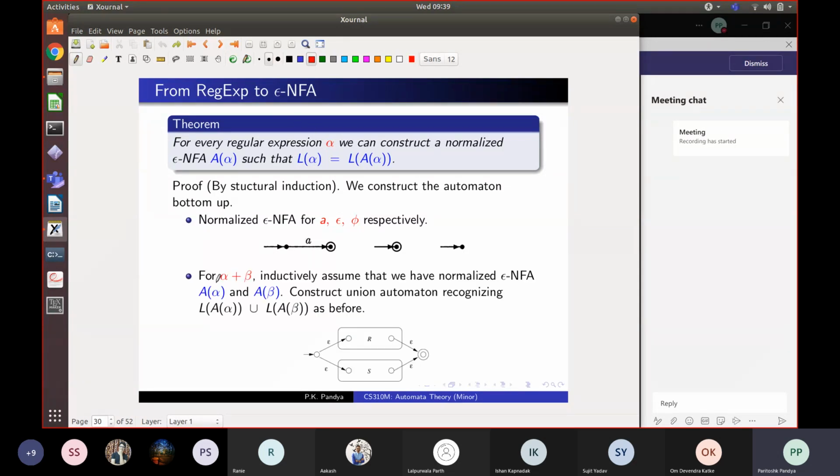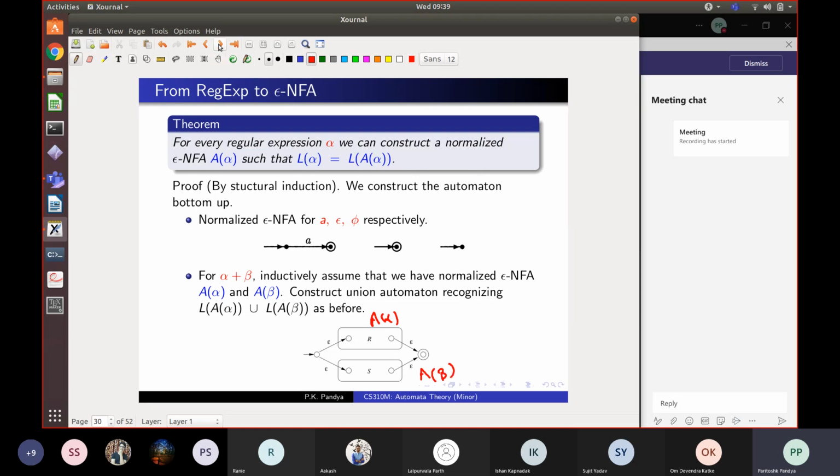If you have more complex operations such as alpha plus beta, you can inductively assume that you already know how to construct the automaton for alpha and the automaton for beta, and now you construct the automaton for alpha plus beta. So you know A alpha and you know A beta. How you construct A alpha plus beta is given in this diagram, where this is A alpha and this is A beta, right?